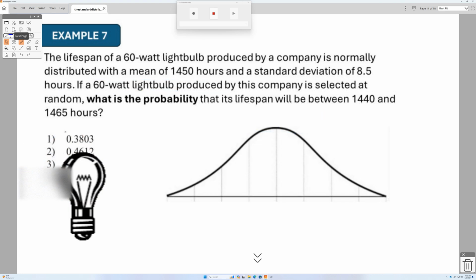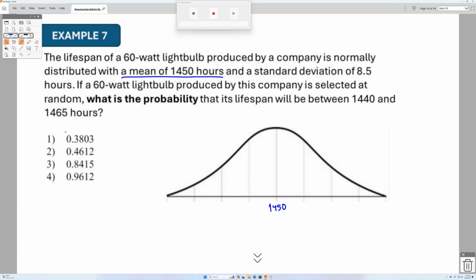The lifespan of a 60-watt light bulb is normally distributed with a mean of 1,450 hours and a standard deviation of 8.5 hours. If a light bulb of this kind is selected, what is the probability that the lifespan will be between 1440 and 1465 hours?